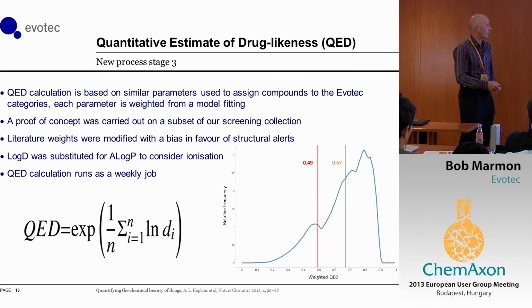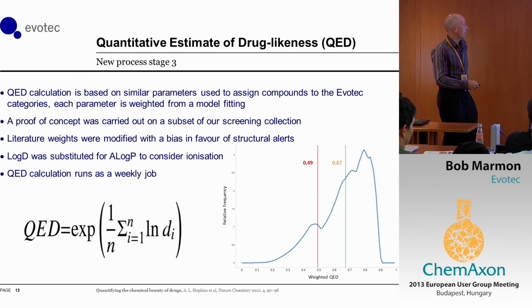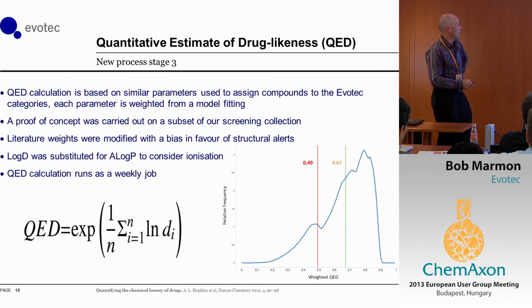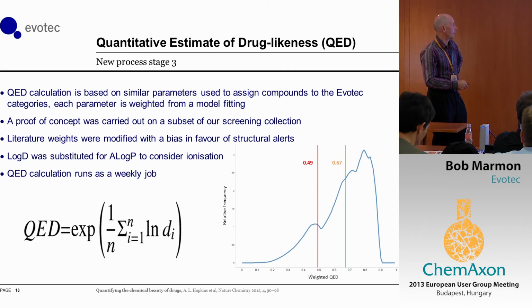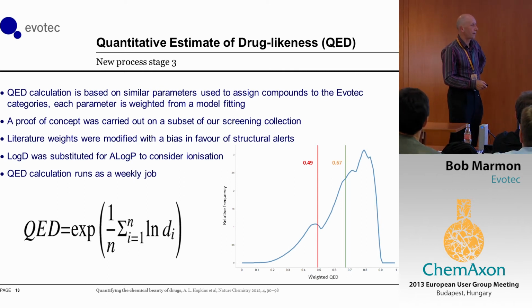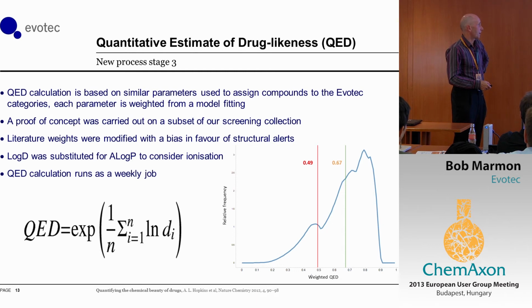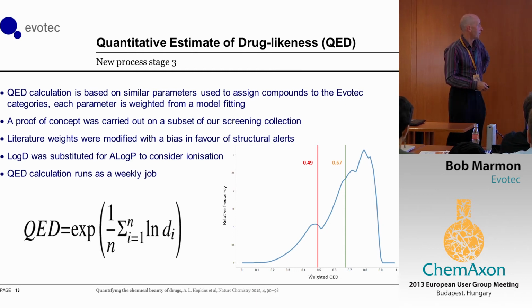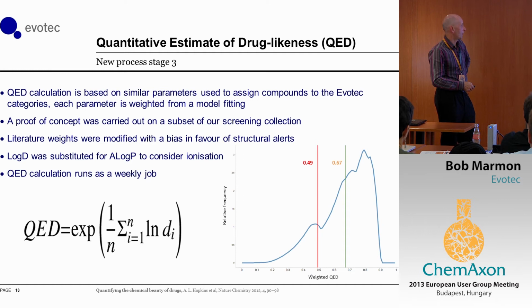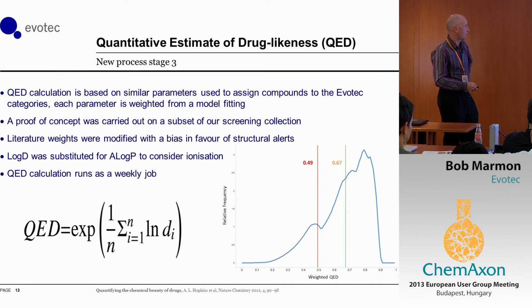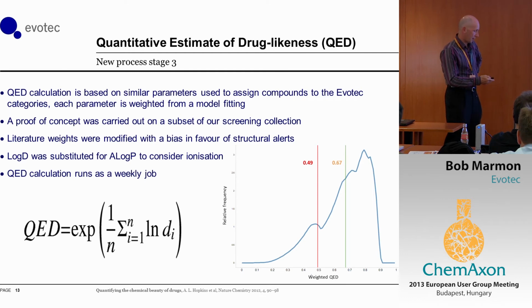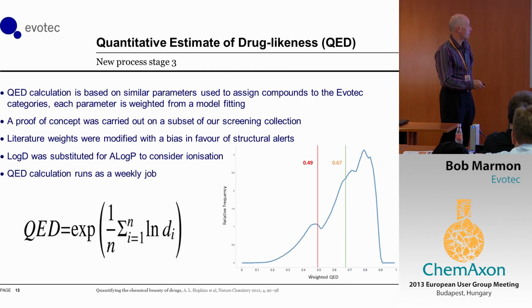And from the results we got back from them, we could see that QED was in agreement with what they thought about the compounds. So what we did then was we set up the QED calculation for EvoSource, favouring structural alerts, and we also substituted log D for A log P so that we could consider ionisation as well. And this has now been set up as a weekly job in EvoSource.